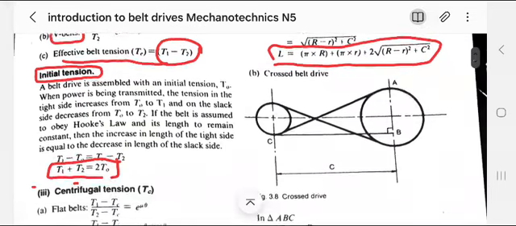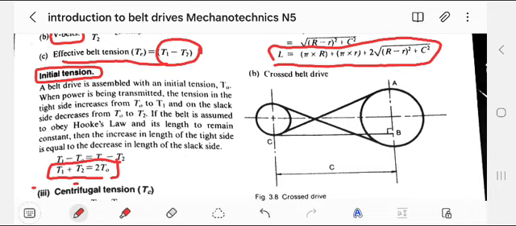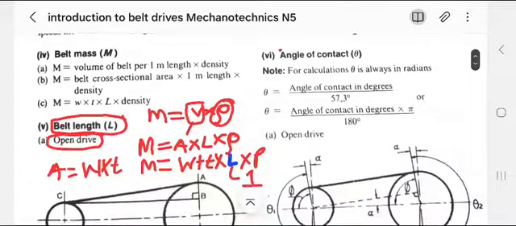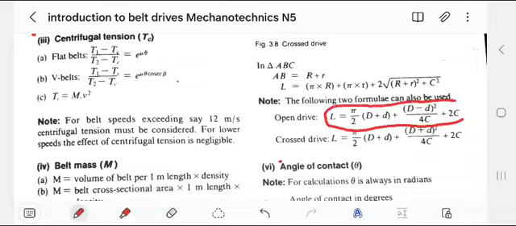But do not forget you can also use the one that you have learned in N4. Remember in your previous N, we learned to calculate the length using this typical formula. You still remember? You can use either way if you like.